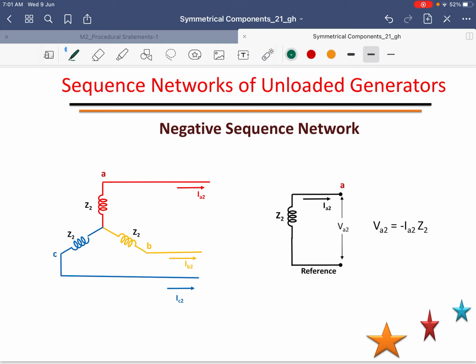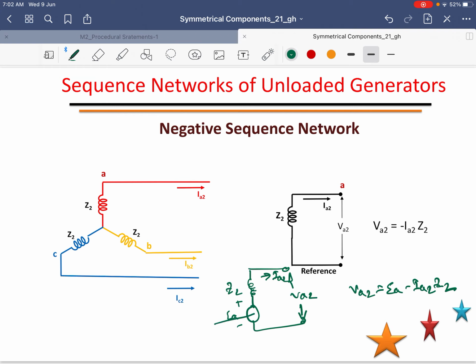Then you have to think, if there is a voltage source in the negative sequence, how would you write that? Suppose you call this source EA, with impedance Z2, and this is your terminal voltage, VA2, with current IA2. Similar to the positive sequence, how could I write VA2? VA2 is equal to EA minus IA2 Z2.